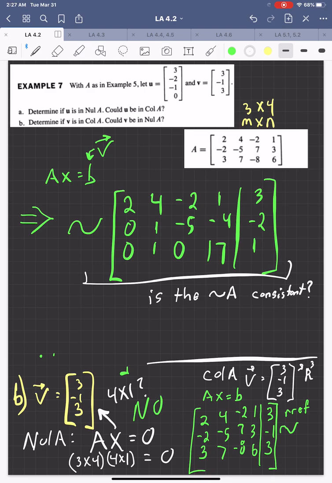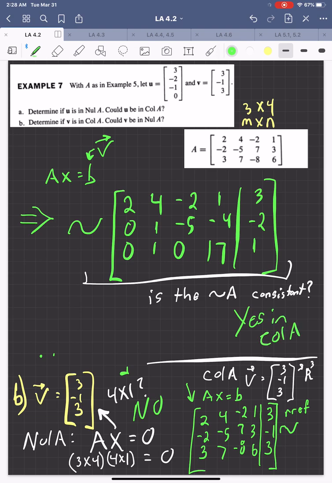Meaning, an inconsistent system would be where you have a bunch of zeros, and let's say if these were all zeros and this were equal to 1, well then you can't add up a bunch of zeros to get to 1, so that would be an inconsistent system. In this case, and you can do this on your own, if you row reduce this matrix that I wrote here, the result would still be a consistent system, so you can answer yes. It is in the column space.